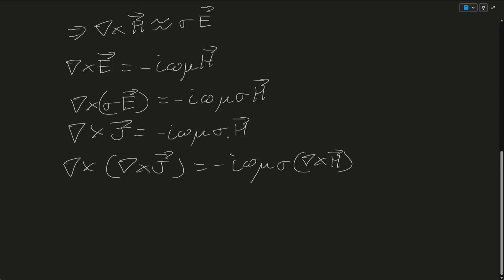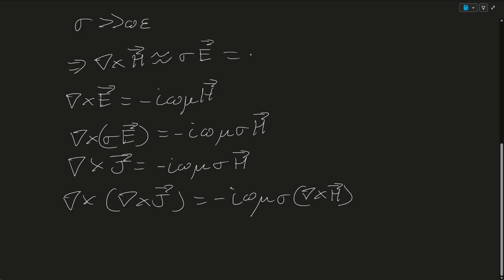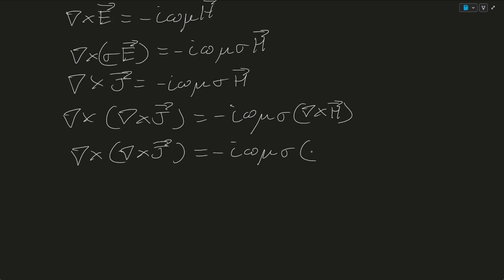of course, from above, we actually have that this is equal to J. I never wrote that in, so the second curl of the current density is minus i omega mu sigma.